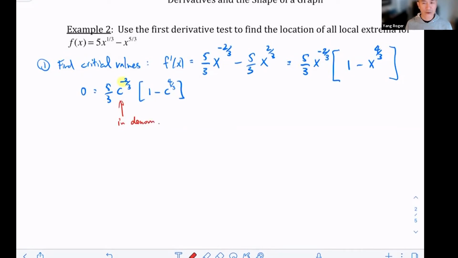Whenever you have something in the denominator, you can't have that denominator be 0. So this tells us that c equal to 0 is a critical number.